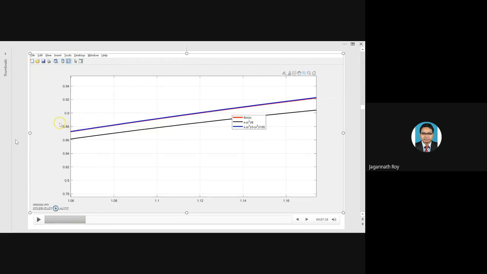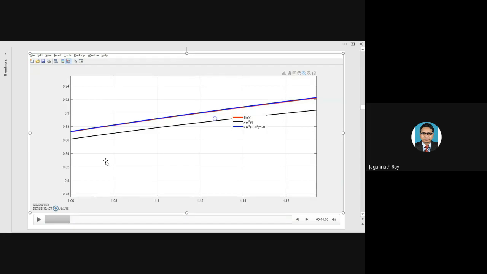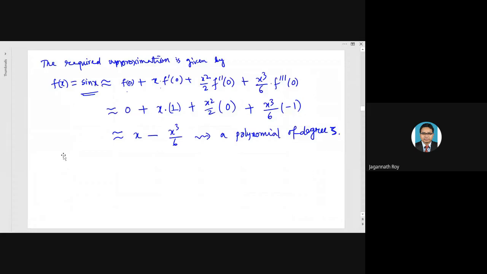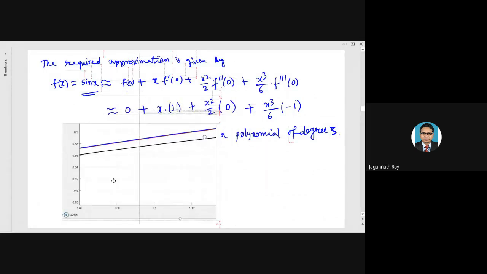Yeah, here it is. If you look at the figure, this is our sin x, and this one is our x minus x cube by 6.